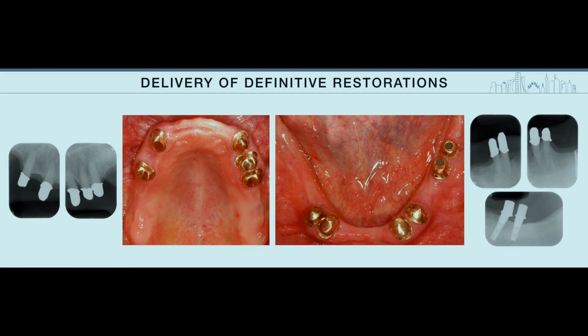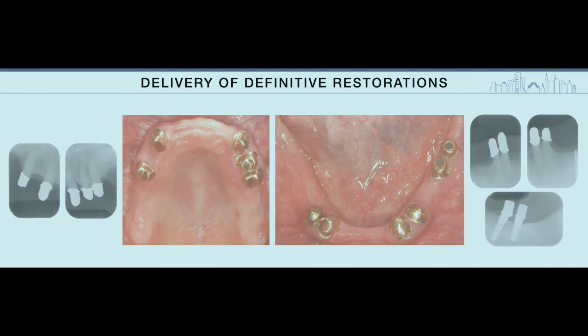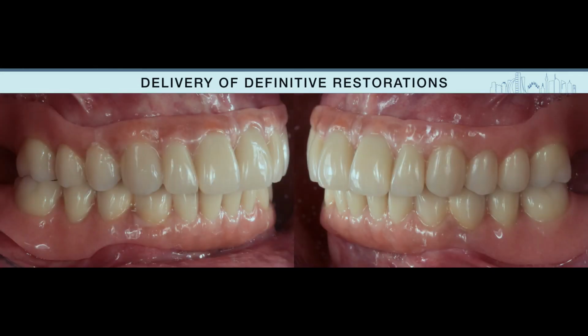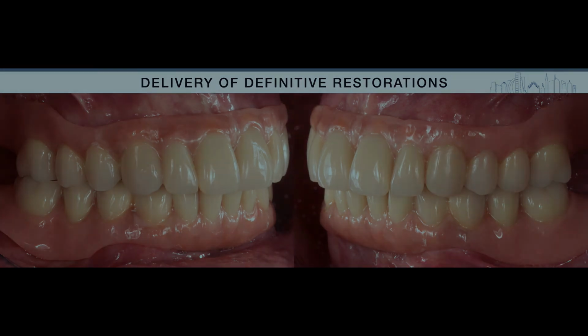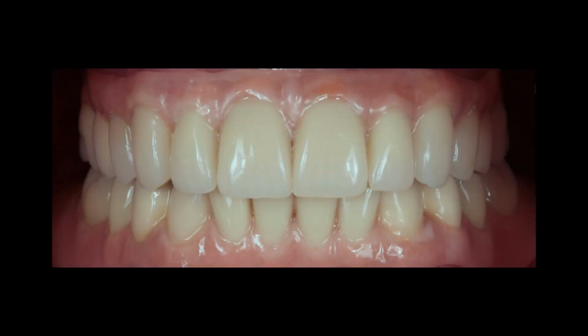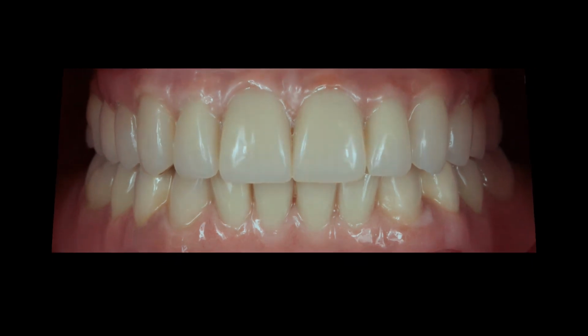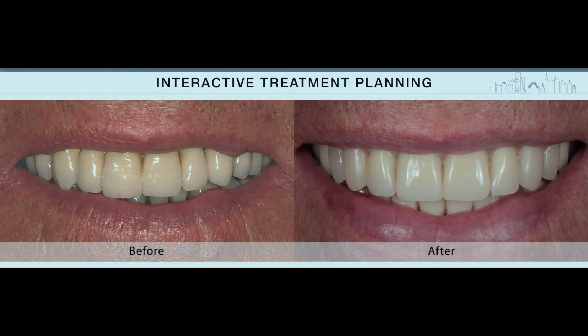Then we can deliver these definitive restorations in the upper and lower jaws, and then finalize the procedures, as you can see here, delivered to the patient with some characterization of the pink acrylic in the upper and lower. And then you can see the situation before and after treatment.